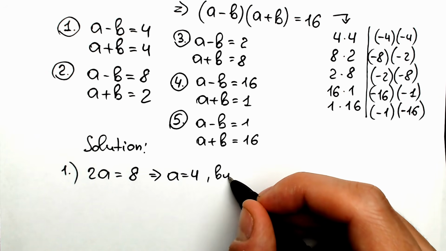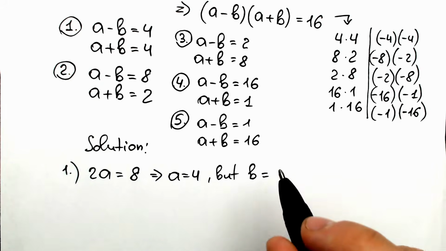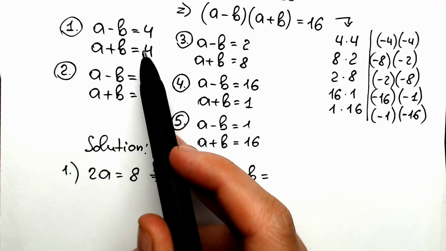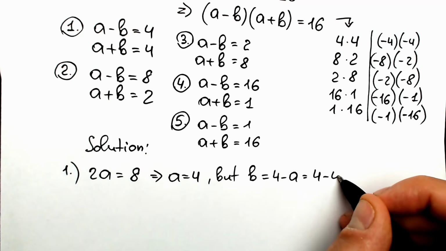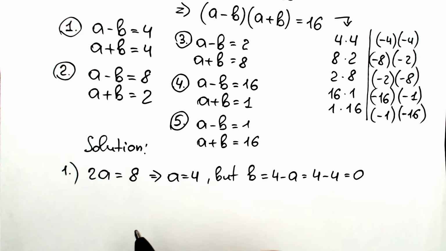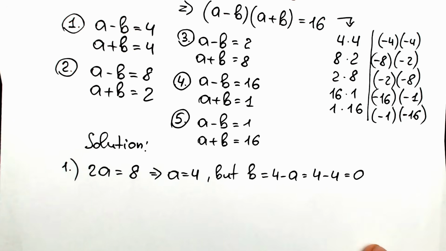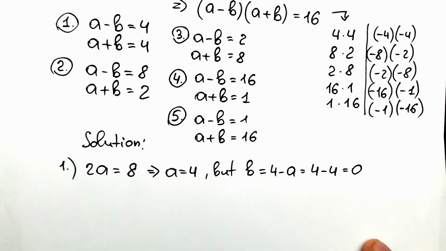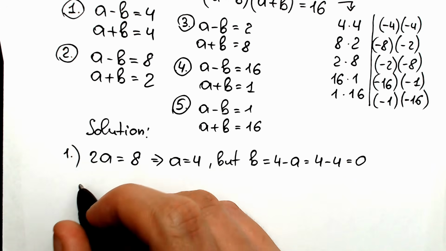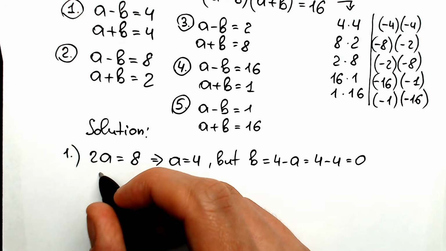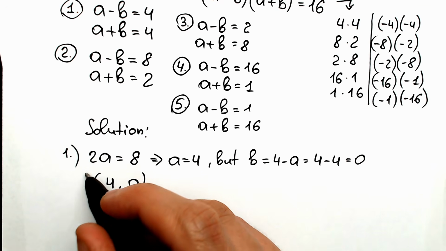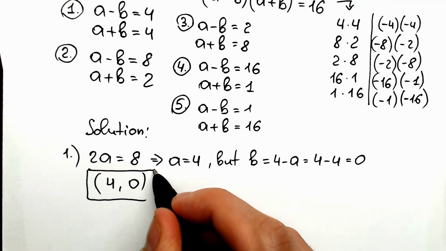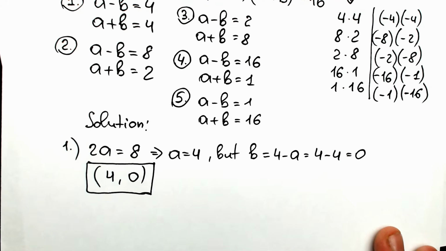We need to know that b is equal to 4 minus a, so 4 minus 4 equal to 0. So from here, we can underline our first pair, 4 and 0.